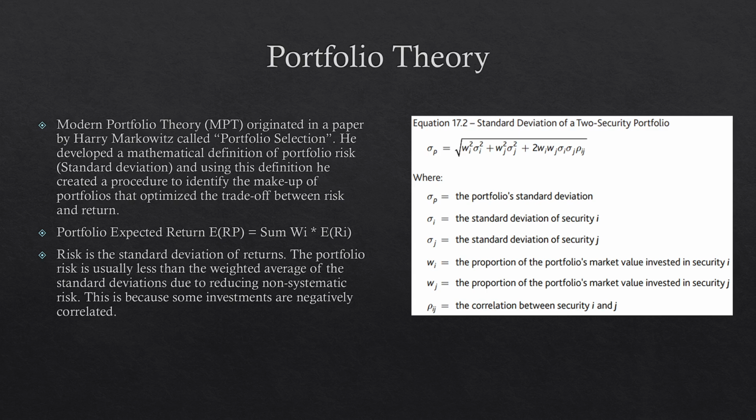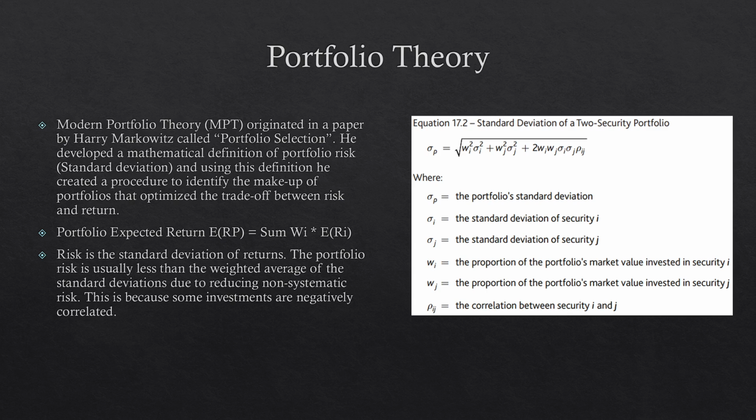The portfolio risk is usually less than the weighted average of the standard deviations due to reducing non-systematic risk, which is individual stock risk. This is because some investments are negatively correlated. As you can see, I listed the standard deviation calculation for a portfolio.